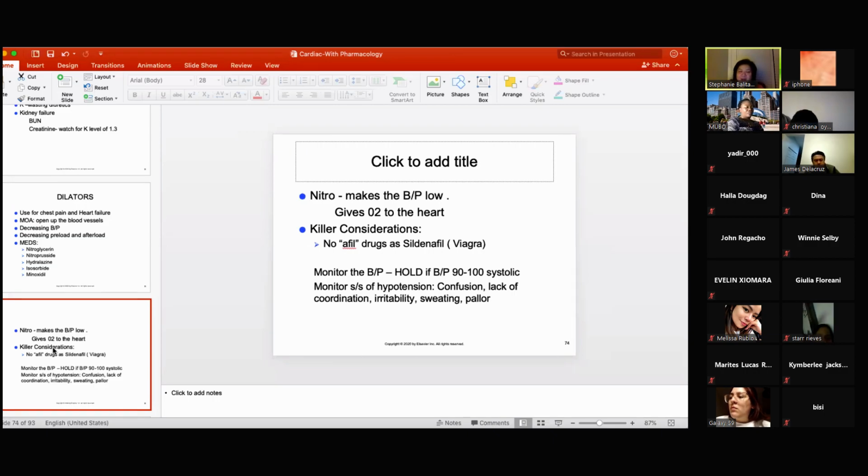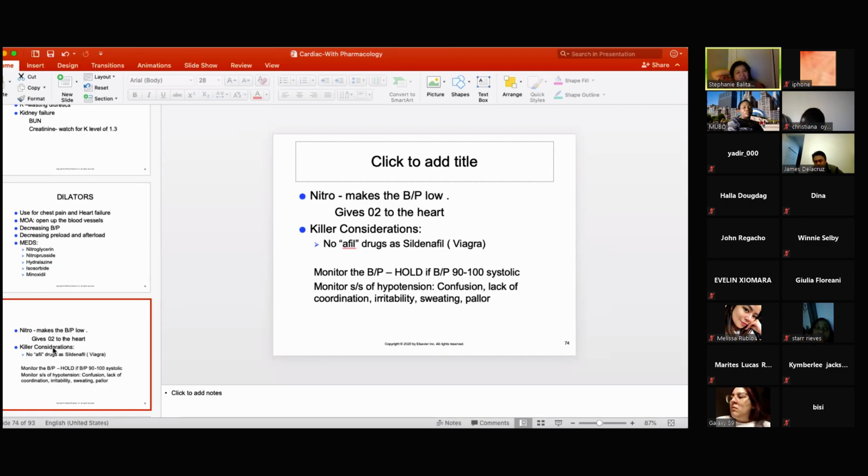Oh my God, it rhymes. Nitroglycerin can make your blood pressure go low because vasodilators dilate the blood vessels, increasing the flow of oxygen.